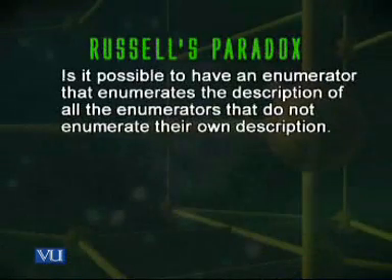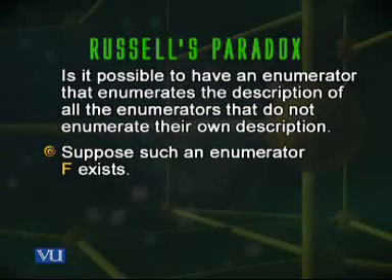Now the question is, can an enumerator exist which enumerates the descriptions of all those enumerators that do not enumerate themselves? Is it possible for an enumerator to enumerate the description of all those enumerators which do not enumerate themselves?